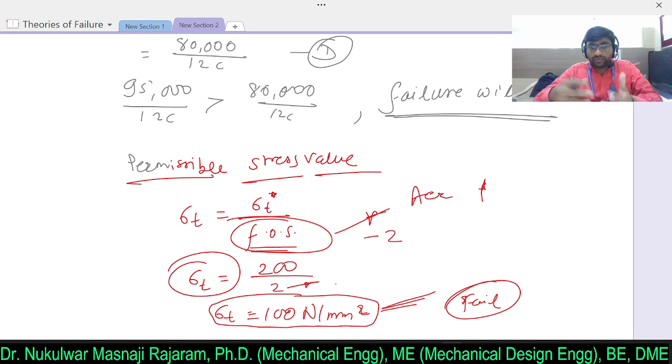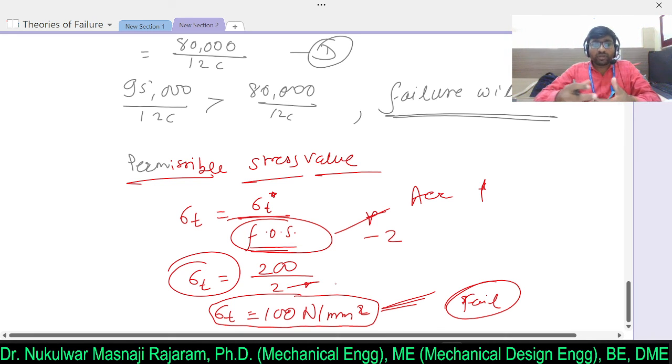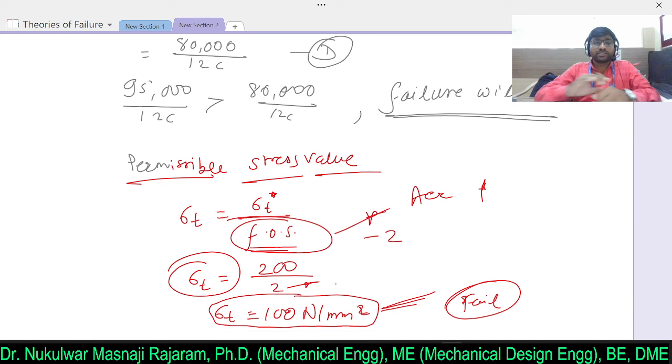In that case we will vary the factor of safety, and that is the only reason we never observe failure of the system. Sometimes, if you have not considered the deterioration of the material, that also we need to consider.